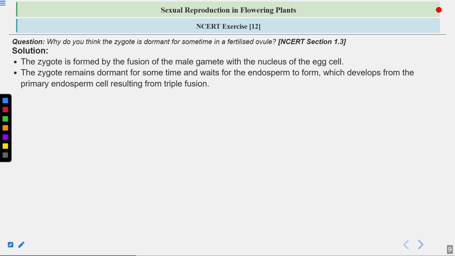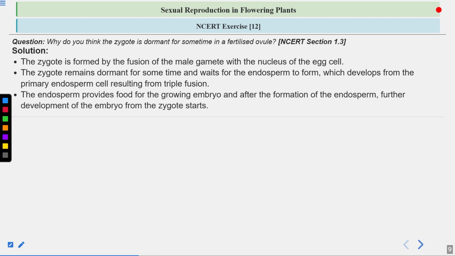Yes, the zygote remains dormant for some time and waits for the endosperm to form, which develops from the primary endosperm cell resulting from the triple fusion. The endosperm provides food for the growing embryo. And after the formation of the endosperm, the development of the embryo from the zygote starts.